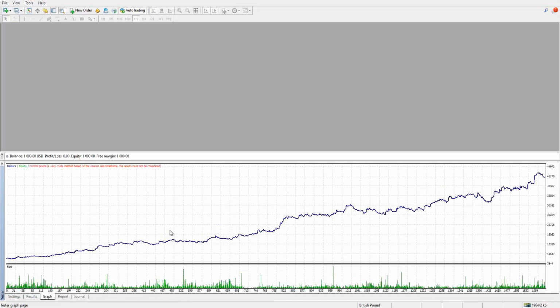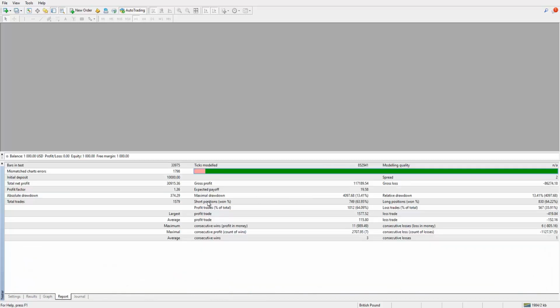Take a look at those results. Since 2017 up to 2023, you have here an equity curve, an amazing equity curve. Maximum drawdown of 13%, 64% of winning trades, more than 1,000 trades.